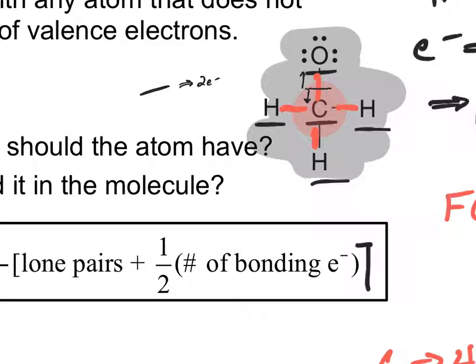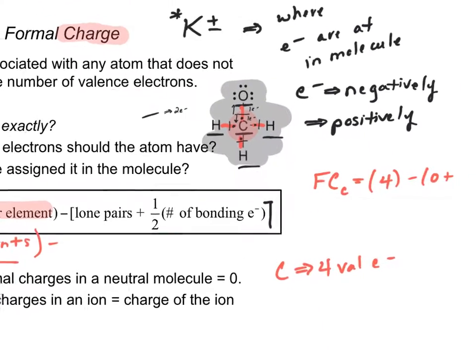So if I give half of it to oxygen, that means I'm giving 1 electron to oxygen, and I'm giving 1 electron to carbon. And we go around and do that exact same thing for all of the bonds, meaning I get 1 electron here, 1 electron here, 1 electron here, 1 electron here. So in this molecule right now, carbon has 0 lone pairs, but it has 4 electrons from the bonds that are around it.